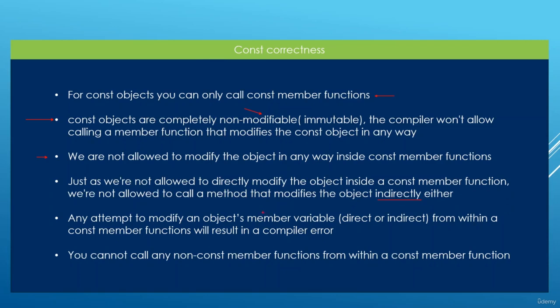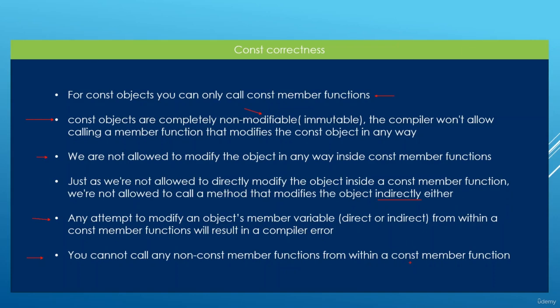The compiler is smart enough to track down any point where you're trying to modify the member variables of your class object. Any attempt to modify an object member variable, direct or indirect, from within a const member function will result in a compiler error, and we have seen this on many occasions. You cannot call any non-const member functions from within a const member function.